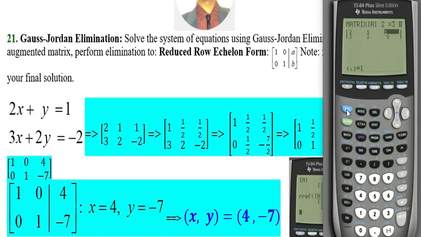Then get out of here, second quit, second matrix A, and here it is: 2, 3, 1, 2, 1, minus 2.